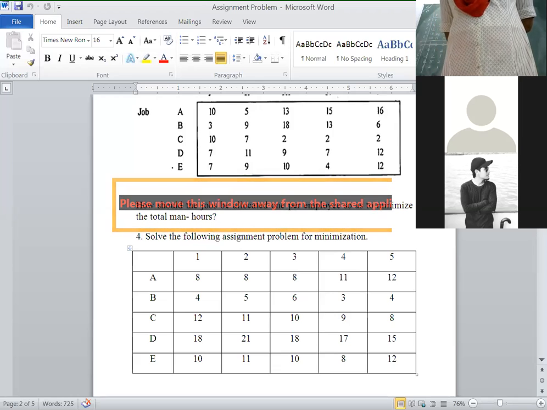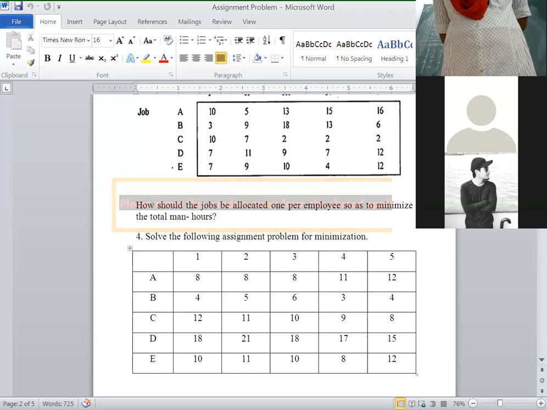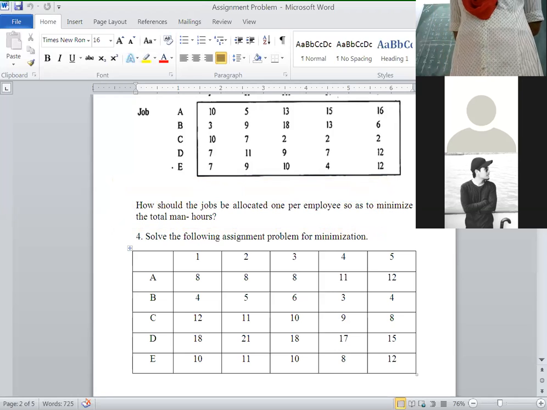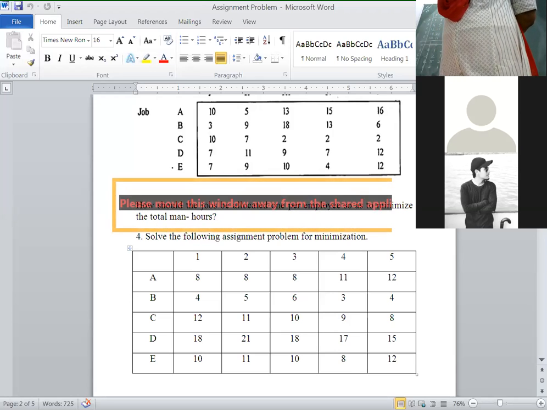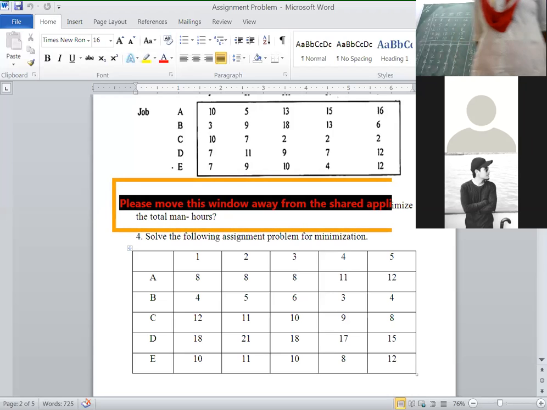If there are no assignments, then draw horizontal or vertical lines which cover the maximum zeros.